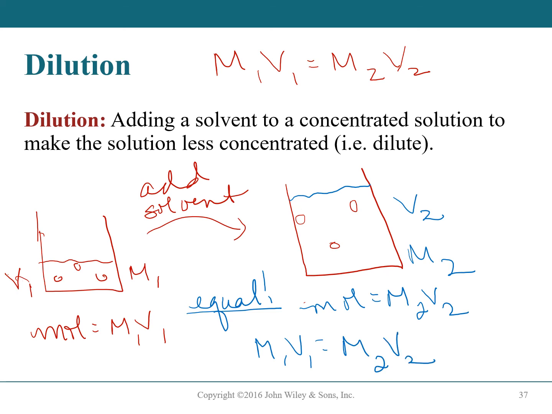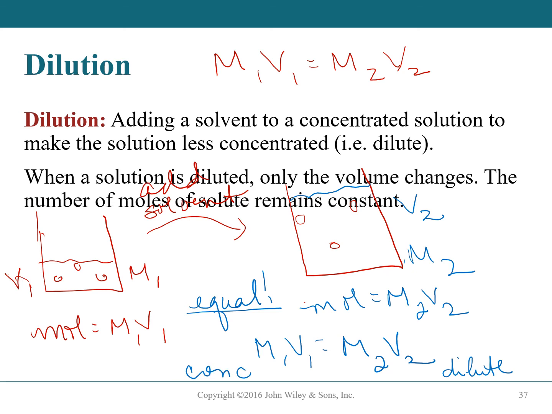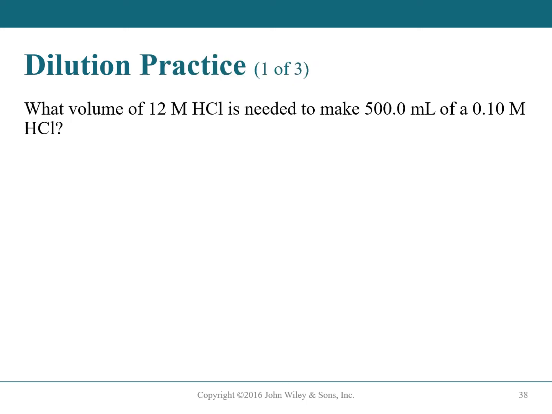Now, these subscripts don't tell you much, but generally, I use the 2's for the dilute solution, and I use the 1's for the concentrated solution, so you can keep track of everything. So, what volume of 12 molar hydrochloric acid is needed to make 500 milliliters of a 0.1 molar hydrochloric acid?